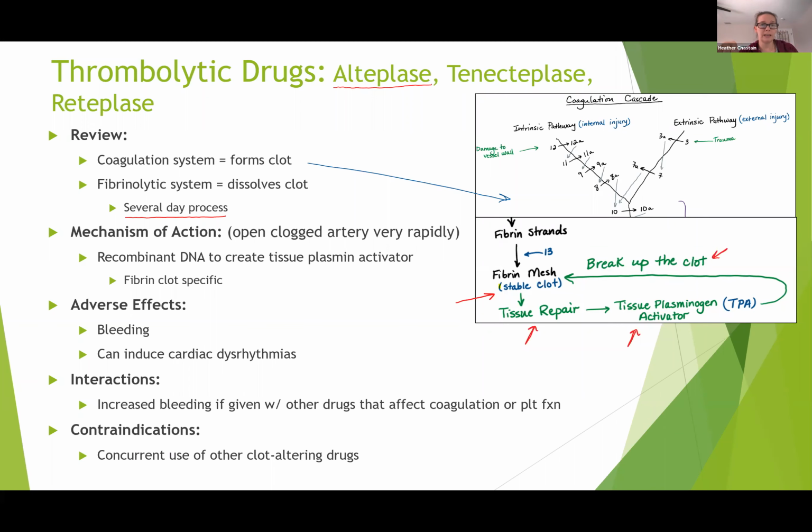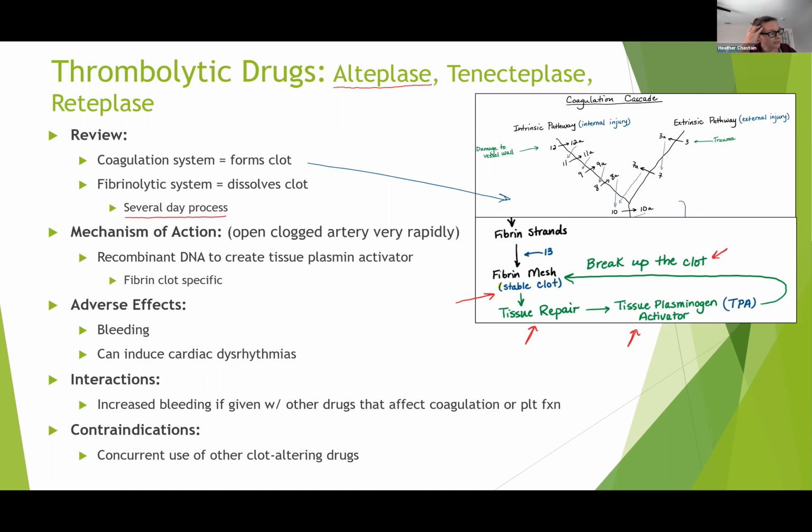All of a sudden, that clog is gone, right? So all of a sudden, there's this massive flow where there wasn't much of a flow before. That massive change in mean arterial pressure can induce cardiac dysrhythmias. So depending on how big the clot is, depending on where the clot is, it can potentially cause dysrhythmias by doing that.